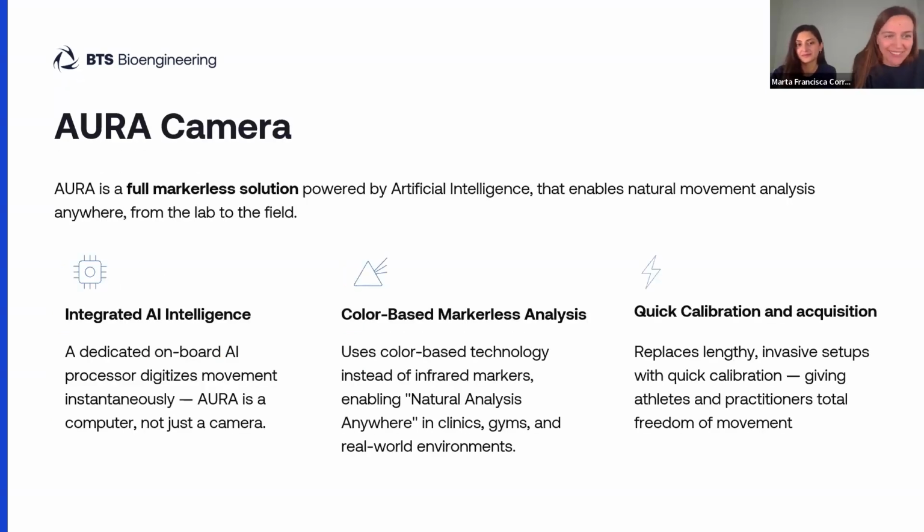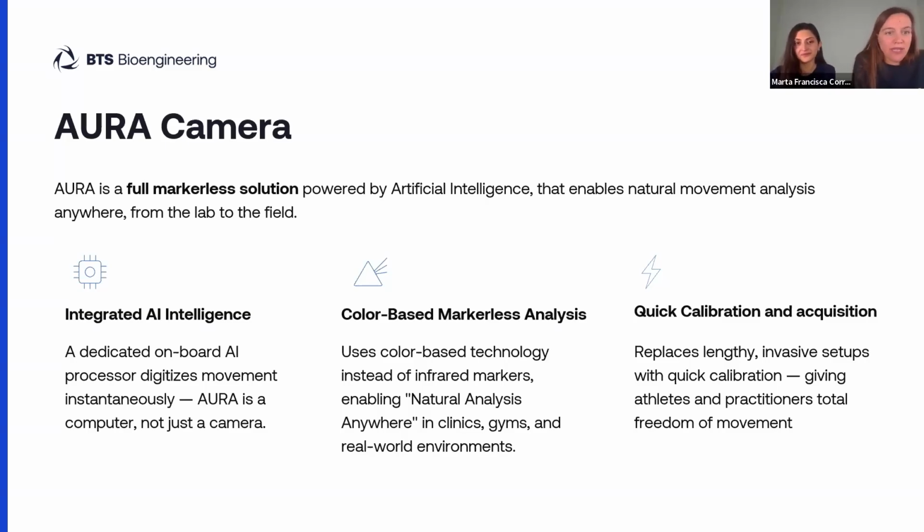So what is Aura? It is a full markerless solution powered by artificial intelligence that enables natural movement analysis anywhere, from the lab to the field. It has a dedicated onboard AI processor, so Aura is not only a camera, but also a small computer that already processes information inside the camera.